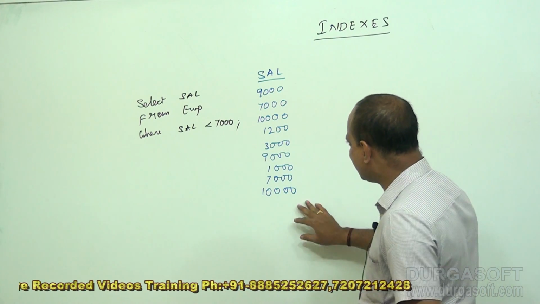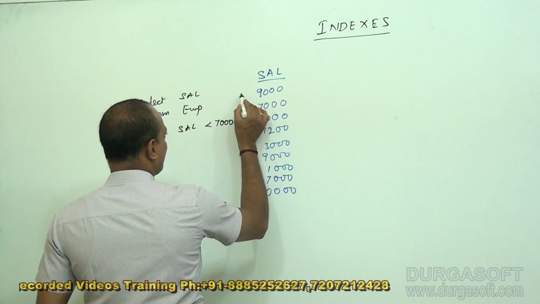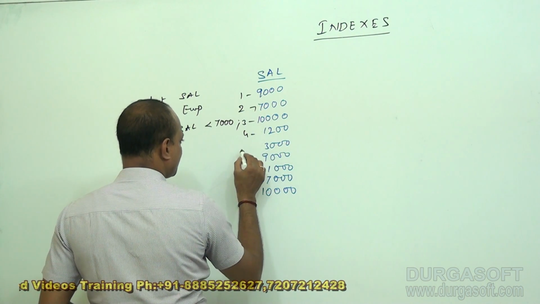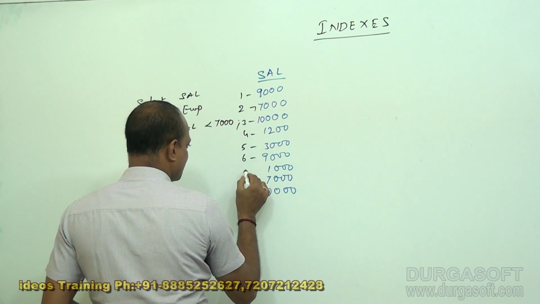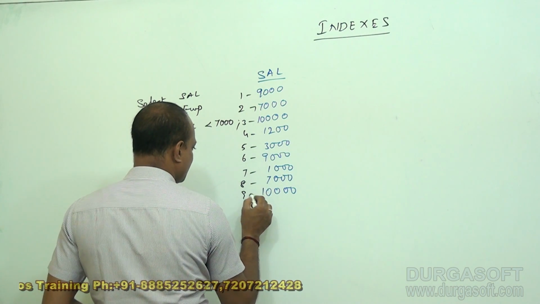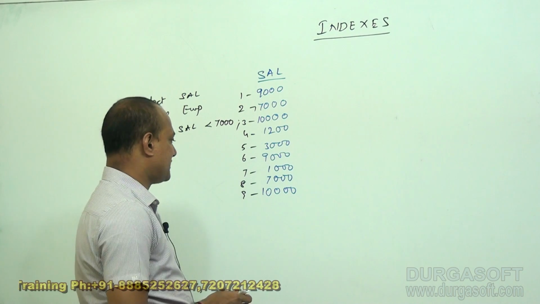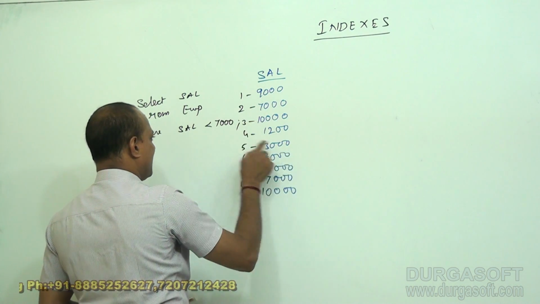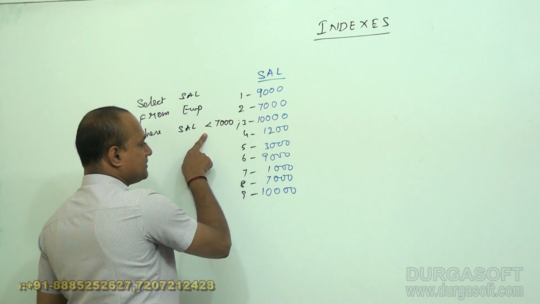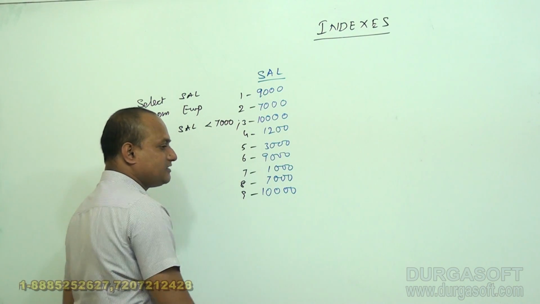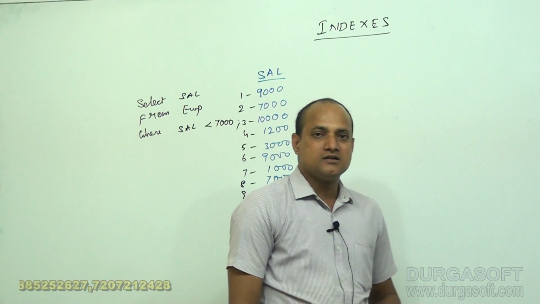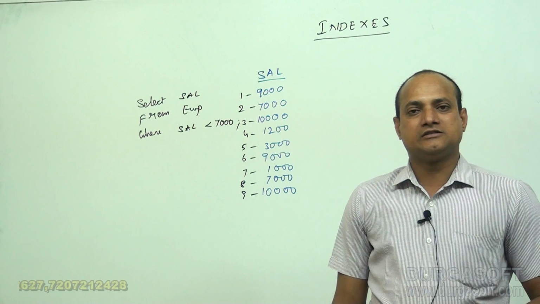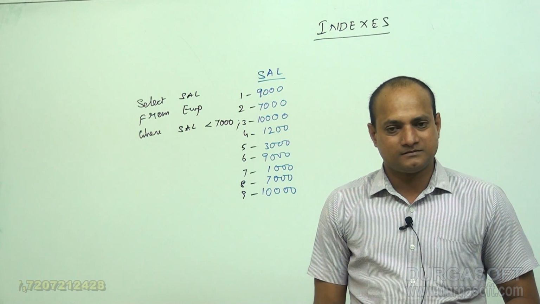How many salaries are there here? 1, 2, 3, 4, 5, 6, 7, 8, 9. Total 9 salaries are checked against this condition. If there are 90,000 employees, then 90,000 salaries should be verified against the condition in the query.